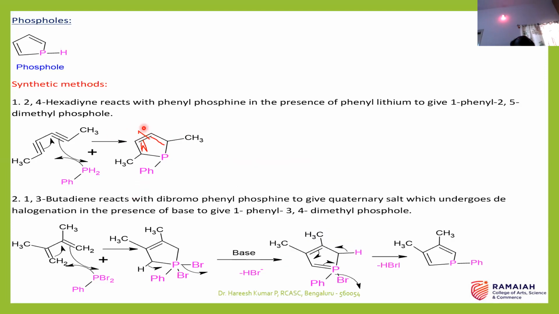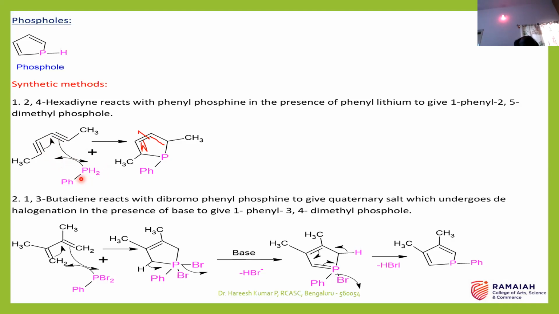So this double bond is not there, but these two are there. What will happen? There will be a new bond formation between this carbon and phosphine, and this carbon and phosphine. There is no movement; this bond pair is not going over there. So I should not mention this either. Only the new bond formation between this carbon and this phosphine, and this carbon and this phosphine.